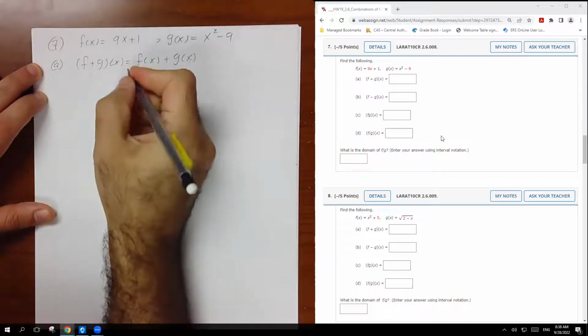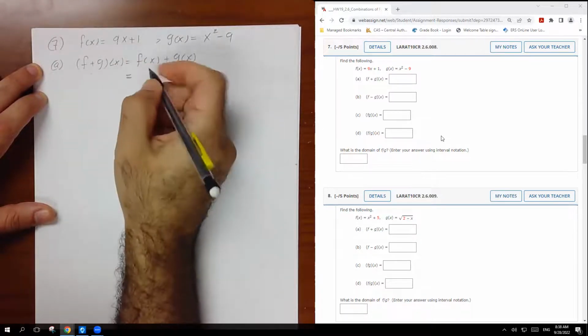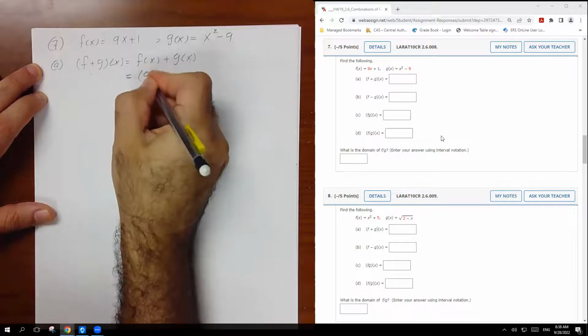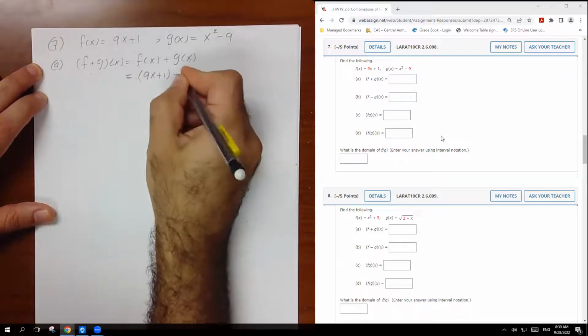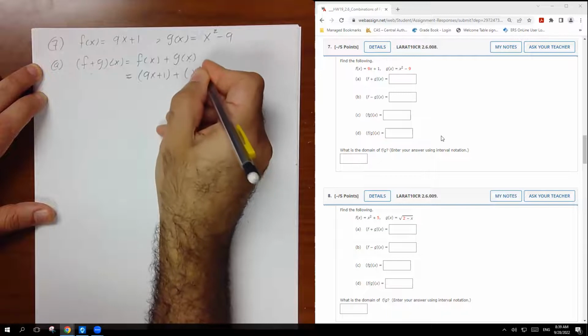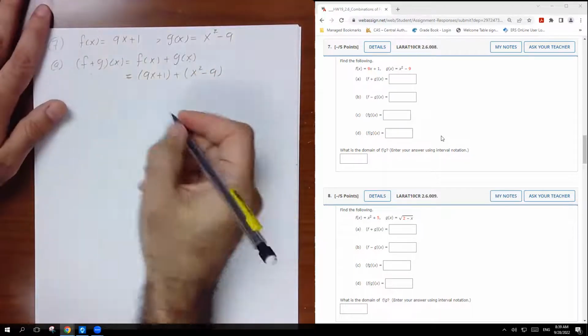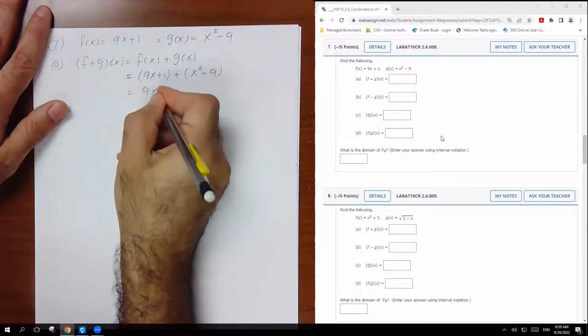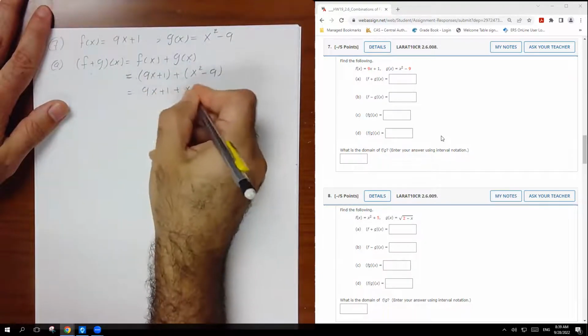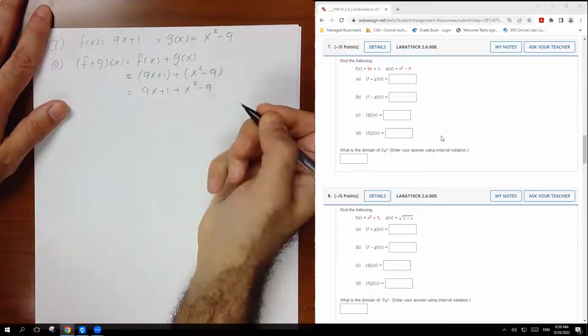Now we're going to plug in. So f of x is 9x plus 1 plus g of x, which is x squared minus 9. It's addition between 2 functions. So 9x plus 1 plus x squared minus 9.